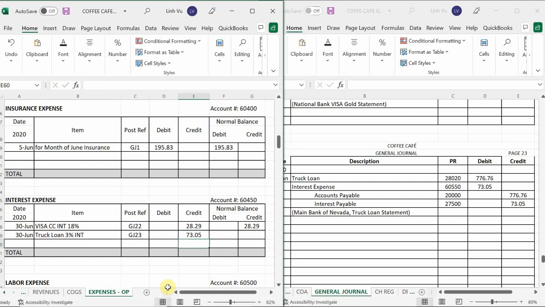So in grand total, how much interest have I paid for the loan that I made, plus the credit card? How much interest have I paid for the month of June?